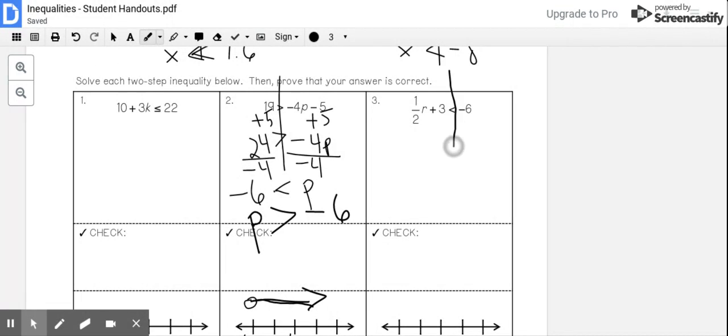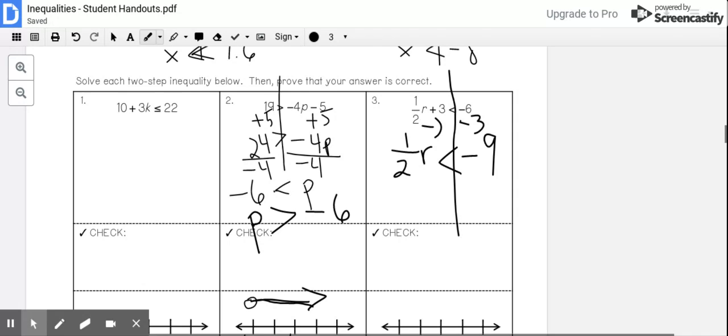Okay, and we'll do this one last one together, and then you're going to do the back page. So we're going to minus 3. Minus 3. And that would be, bring down the sign, maybe, if it'll show up. Yep. And then we have negative 6, and a negative 3 is a negative 9. And then we're going to bring down the 1/2 r.